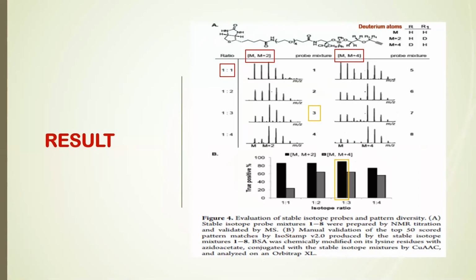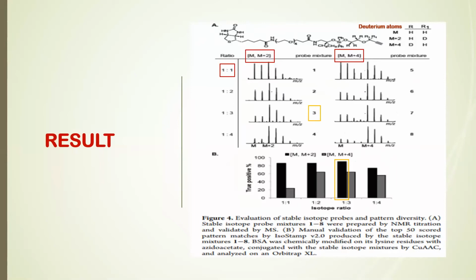Although the dibromide tag was highly recognizable with IsoStamp 2, alternative probes with smaller and less sterically congested structures were explored. The primary motivation was the absence of core fucosylation in N-glycans from their initial studies.